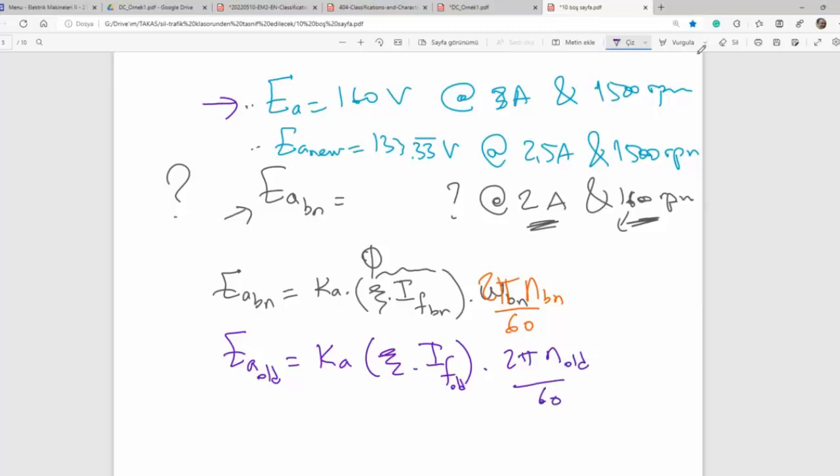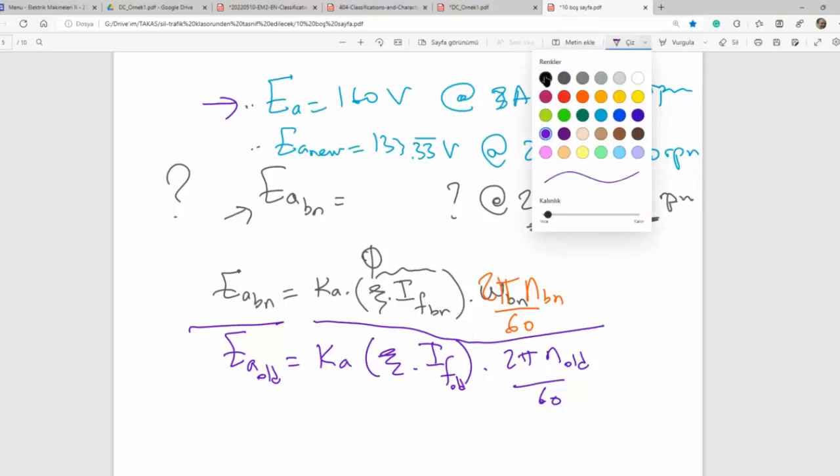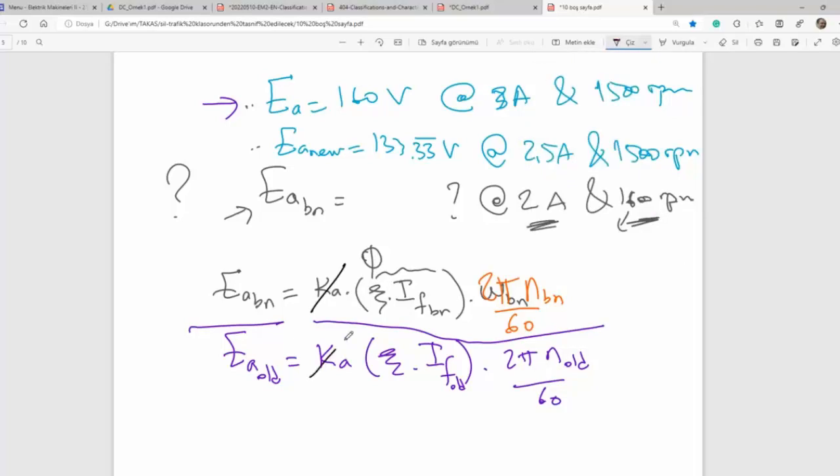Now let me divide all those equations. Ka will be eliminated, zeta will be eliminated, 2 pi over 60 is eliminated. What is the result?